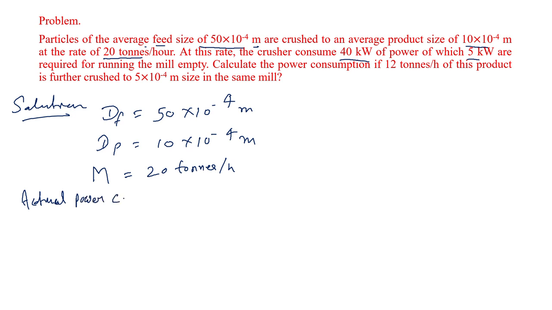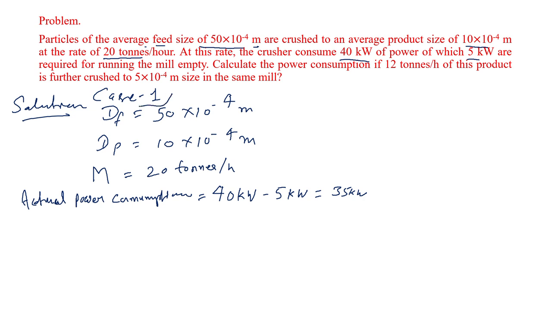The total power consumption is 40 kilowatt, and the power required to run the empty mill is 5 kilowatt. So the actual power consumption is 35 kilowatt. So this is the first case.